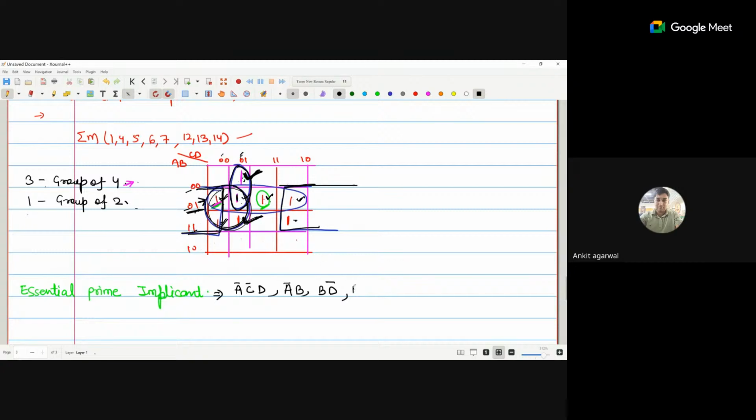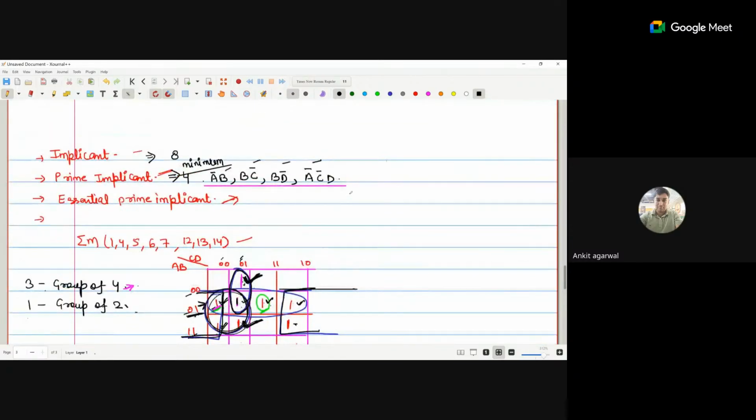That term is B C. So the essential prime implicants for this example are equal to the prime implicants. So you understand what essential and prime implicant are, and we can solve more questions related to that.